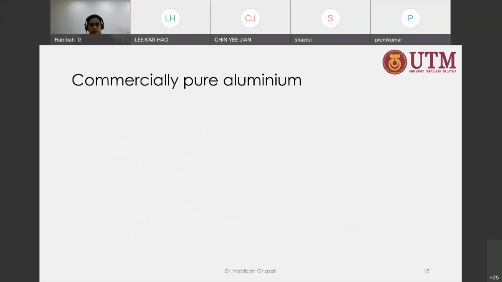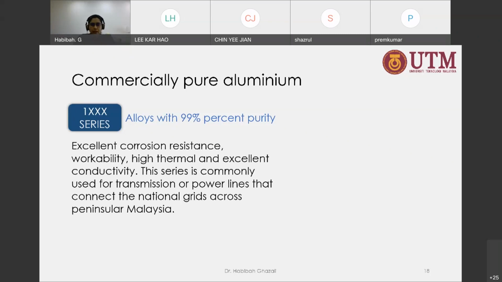So let's have a look at this series, where they've been used and what are the properties of all these different series. For the commercially pure aluminum, the one with almost 100% of aluminum, we classify them as the 1000 series, where 99% of this alloy contains aluminum, and only 1% or less than 1% is other impurity.